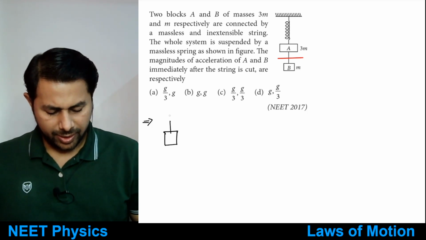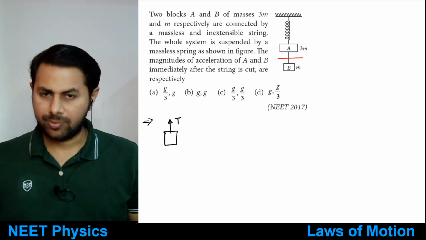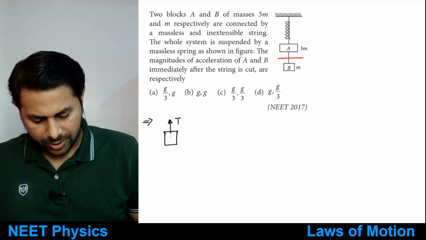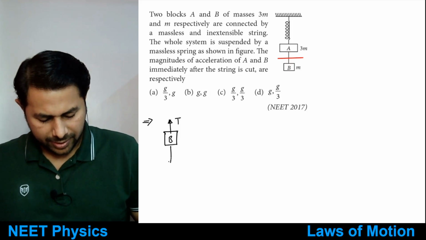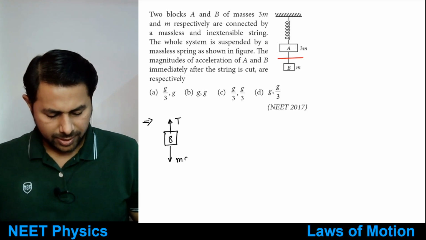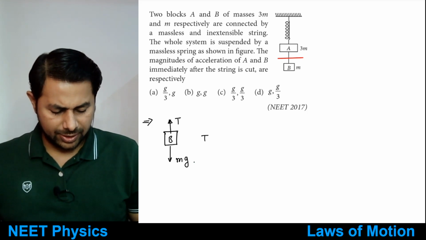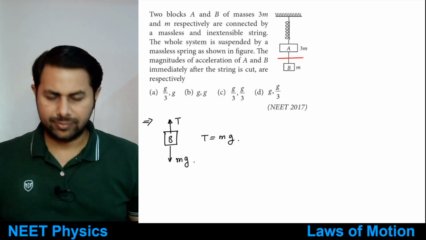For B, tension is acting upwards, since it's connected to this string. There is an upward tension and its weight is acting downwards. Initially there is no acceleration, which means the tension is just equal to m times g, right?